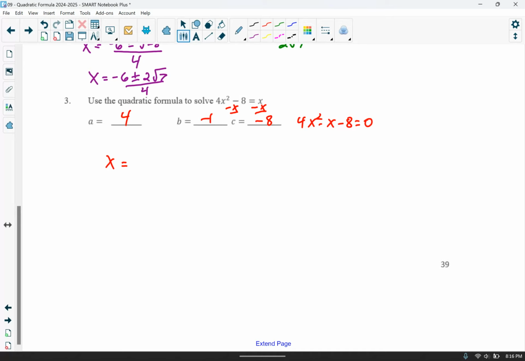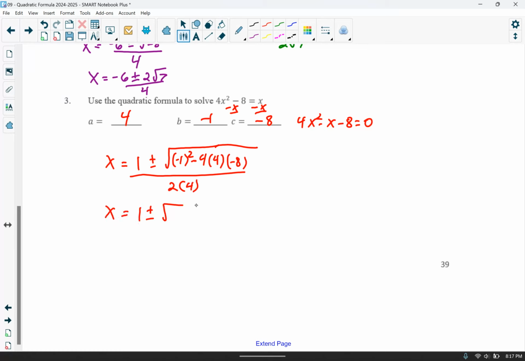x equals negative negative 1, so a positive 1, plus or minus the square root of b squared minus 4ac, all over 2a. So that's going to give us x equals 1 plus or minus the square root.